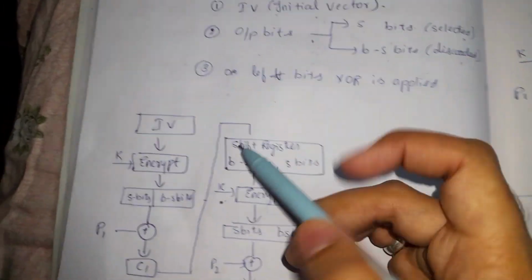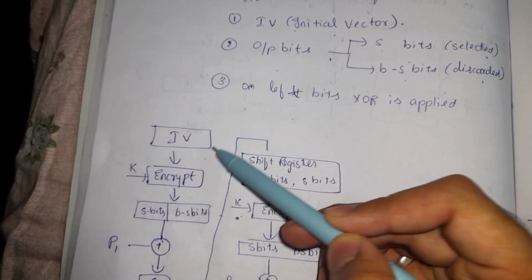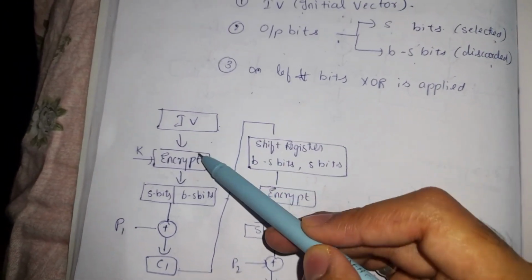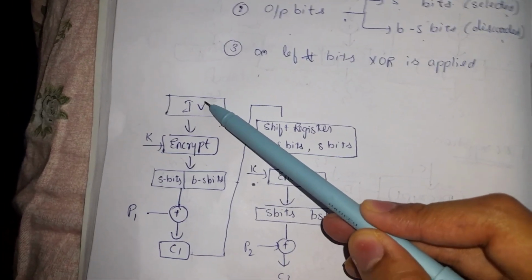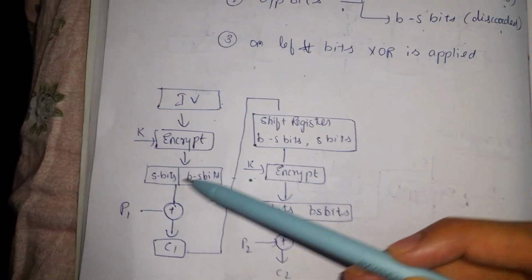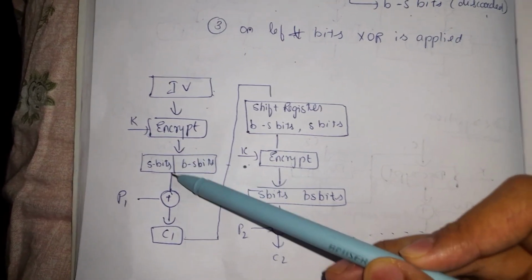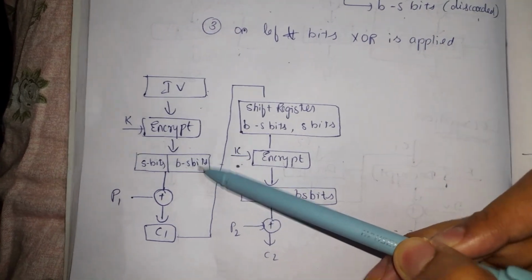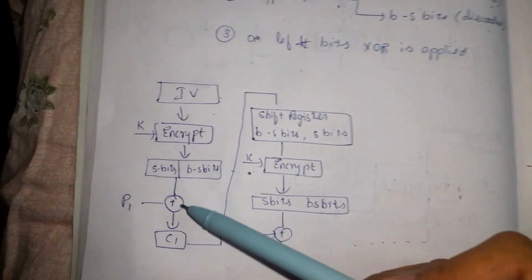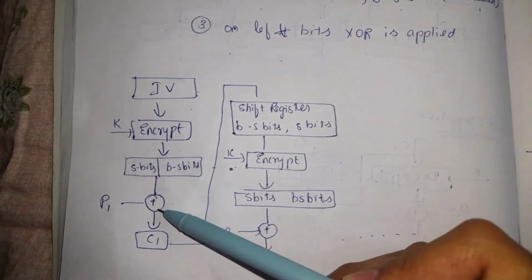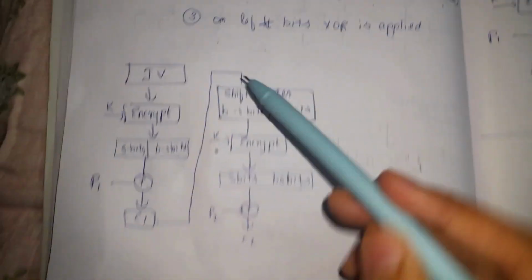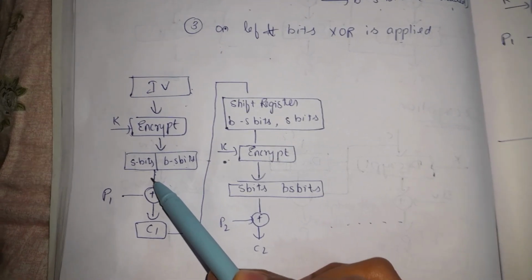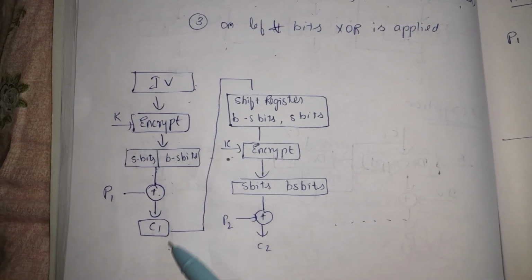Now let's see what happens at the end of each round. We have the initial vector. We perform the encryption operation with the help of the key on the initial vector. Now we obtain some text, some block actually. We split this block into two parts, selected bits and discarded bits. On the leftover bits we perform an XOR operation with the plain text and obtain this cipher text.